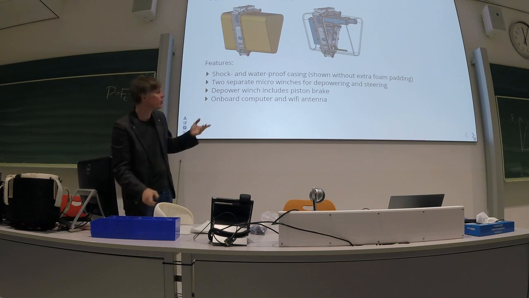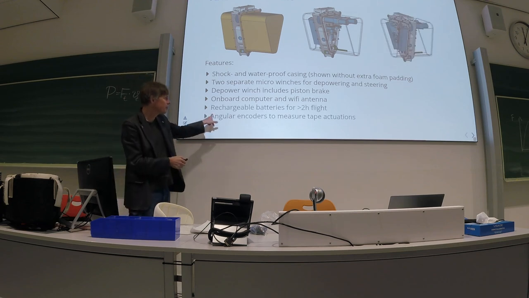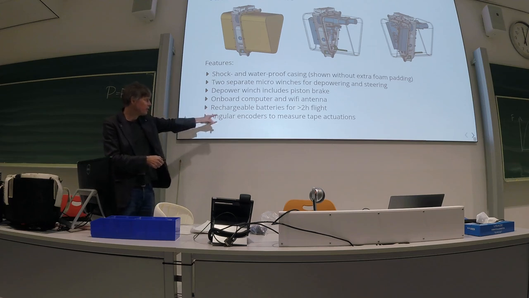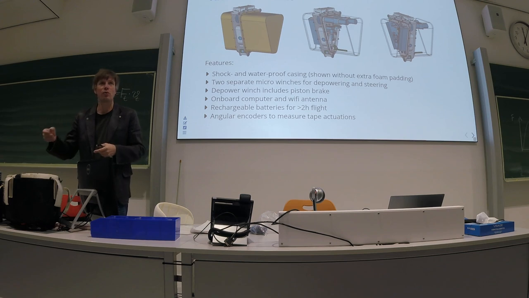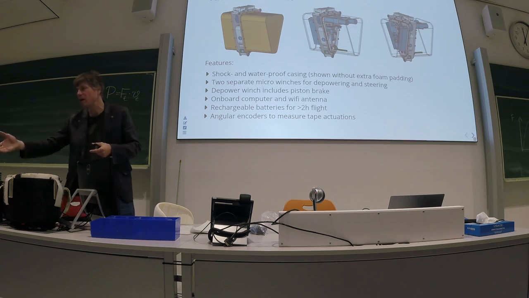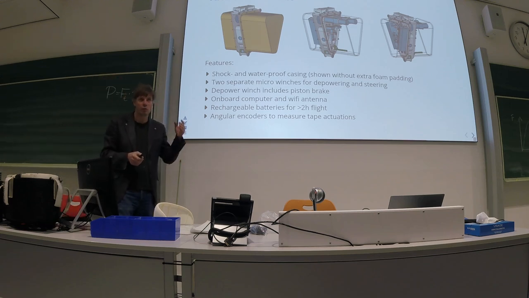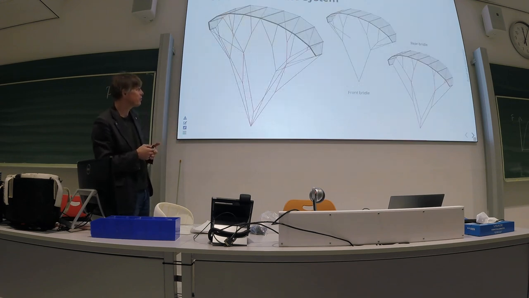This is still a bit of a future scenario we are aiming at, but it is possible. I mean, the onboard computer is there. And of course, these things here that I mentioned, and encoders, meaning kite power is all about control. For control you need sensors, so every movement of these motors, the brake and other actuators, we logged at high frequency to actually then use it later for evaluation of the data.